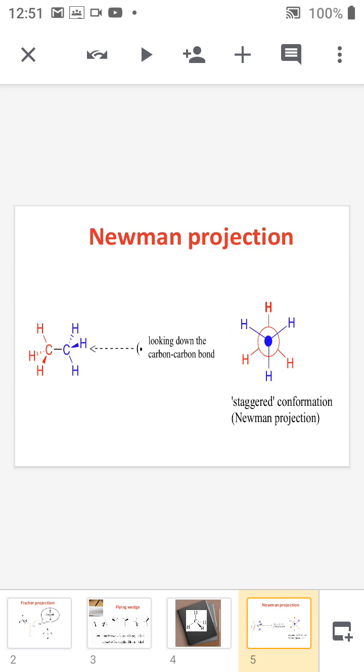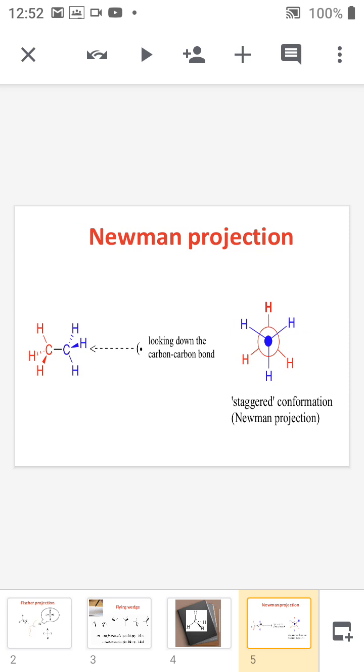the back carbon atom, that is the carbon represented in red color, we cannot see that carbon atom, but even then in the Newman projection formula that carbon atom is represented by a circle, and all 3 valencies of that carbon atom are satisfied by hydrogen, which is also represented in the Newman projection formula by red hydrogen atoms.